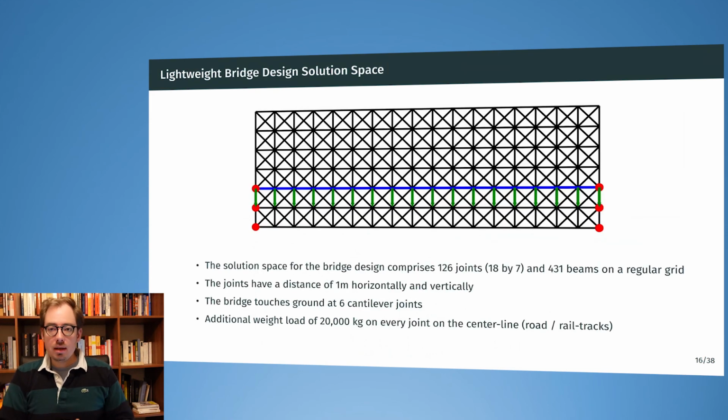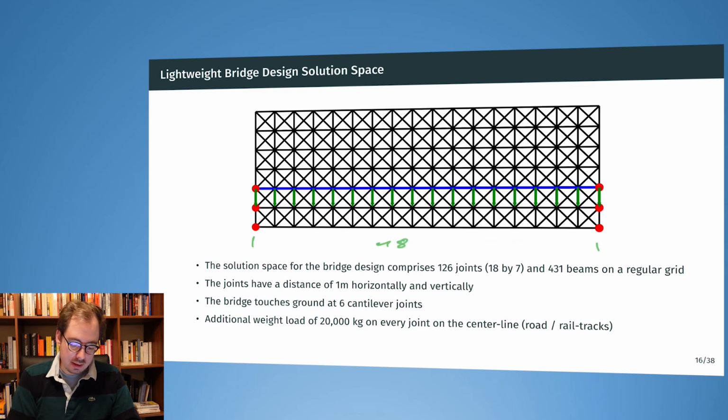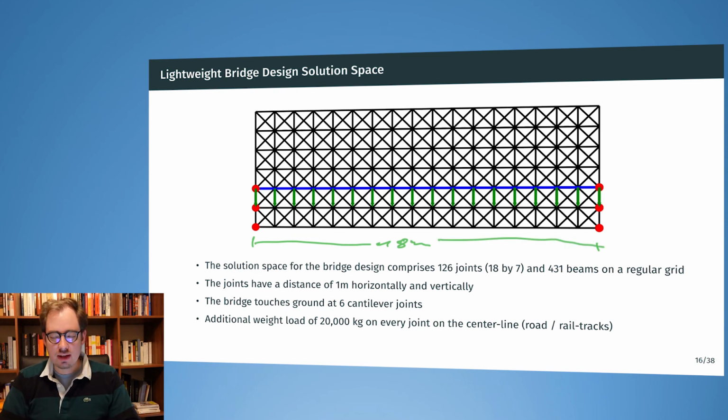Now, what does the design space look like? Let's take here some example. We have a bridge that shall span 18 meters, and as the design space we have defined a grid of 18 by 7 joints and beams connecting these in a regular way, and we can connect the bridge to the ground at 6 cantilever points that are here marked in red.